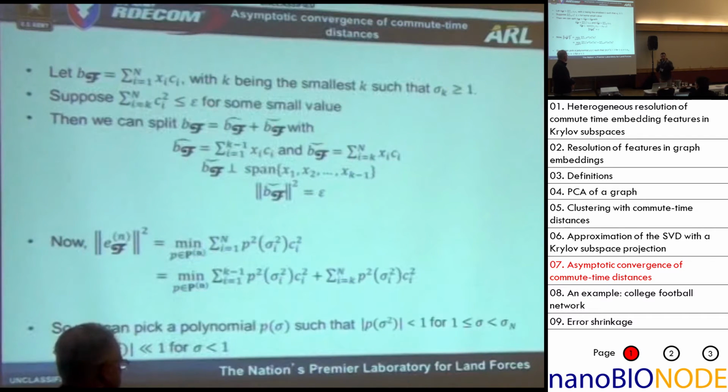So the small singular values are going to contribute most to long commute time distances. Singular values greater than 1 are going to be contributing to short commute time distances. In fact, the bigger the singular value, the more it's going to contribute to having no commute time distance at all, right? So as your singular values grow towards infinity, they're going to converge towards vertex pairs which are on top of each other.